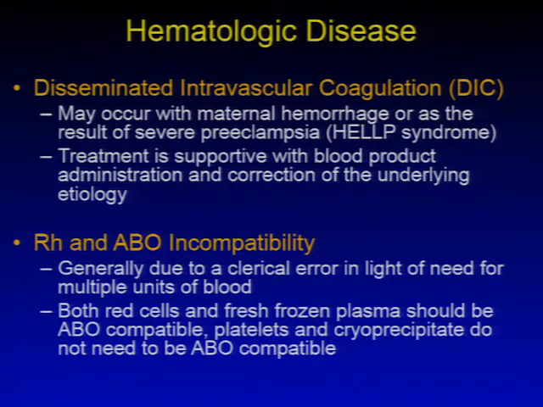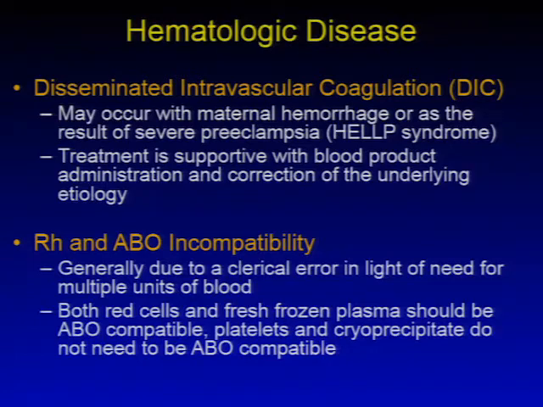Acquired diseases include disseminated intravascular coagulation that may occur most commonly with maternal hemorrhage or as the result of HELLP syndrome or severe preeclampsia. And the treatment of this is supportive as usual with blood product administration and correction of the underlying etiology of the disseminated intravascular coagulation.